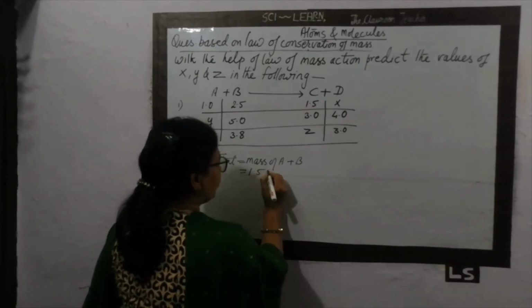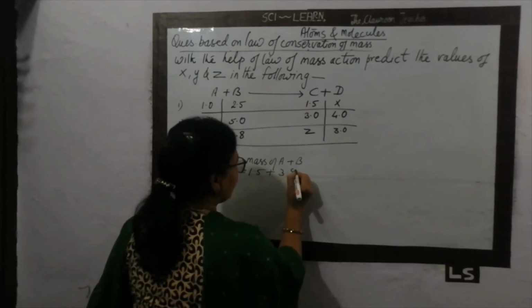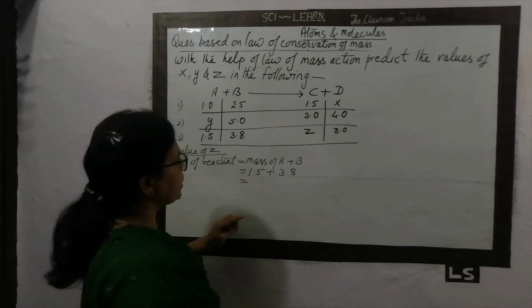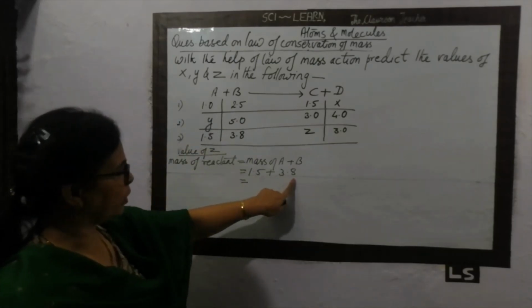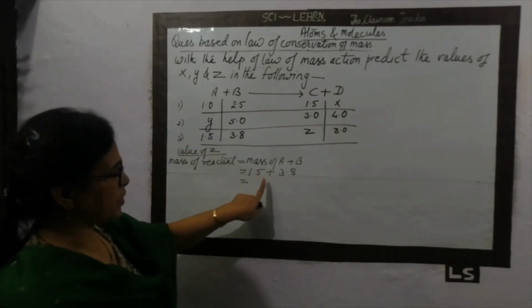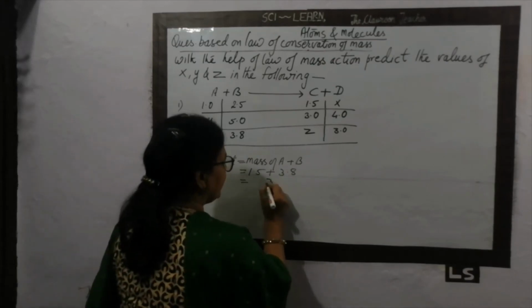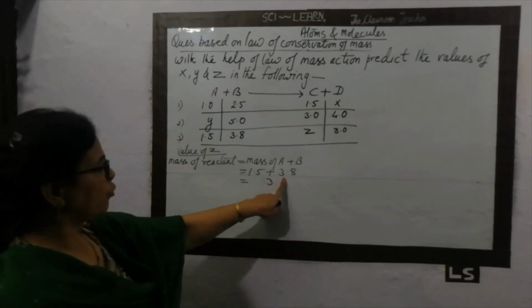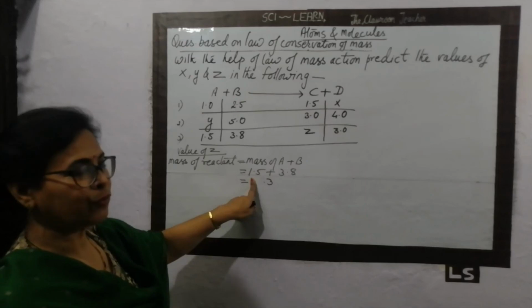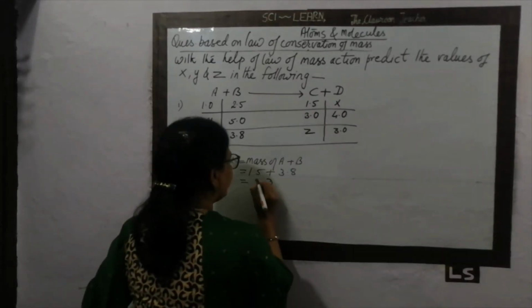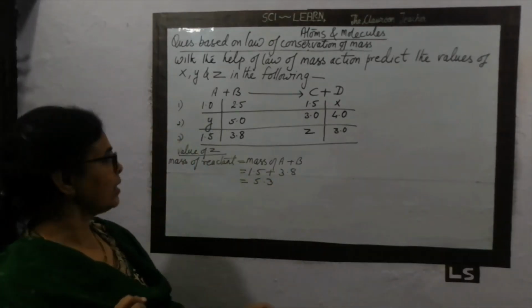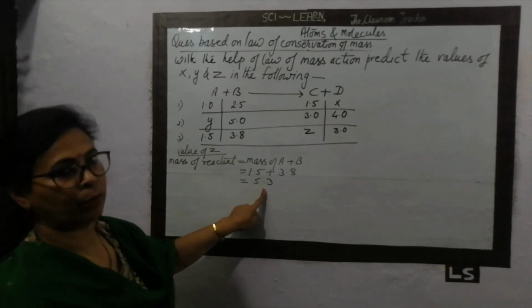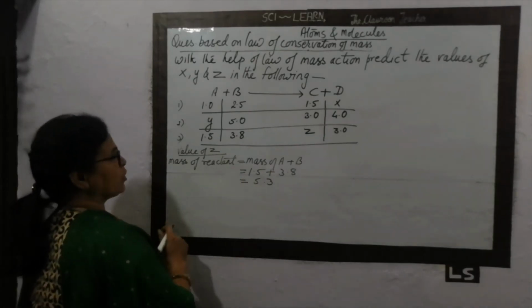So this is 1.5 plus 3.8. Now calculate this. What do you get? 5.3. What is the mass of reactants? It is 5.3.